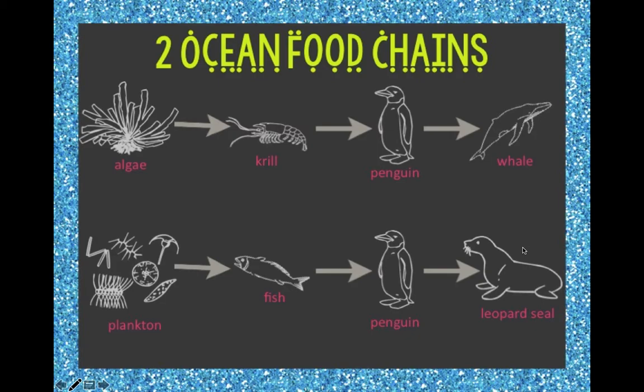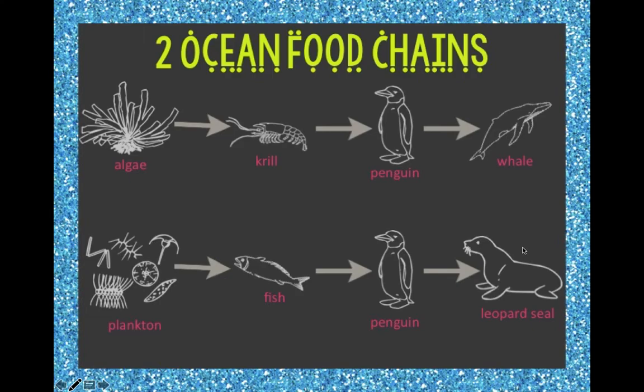All right, I want you to take a look at these 2 ocean food chains. And I want you to think about what you see, what transfer of energy, what types of organisms are they? Are they producers, consumers, decomposers?